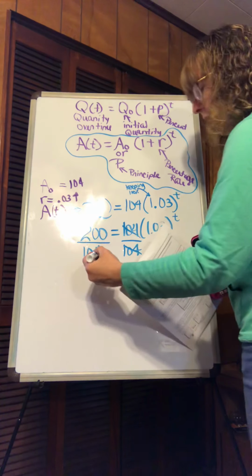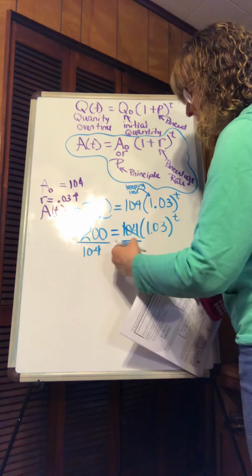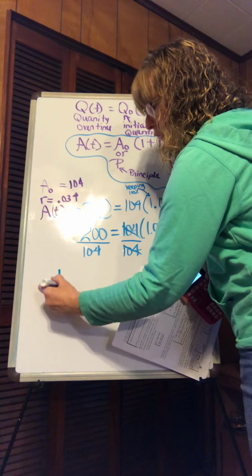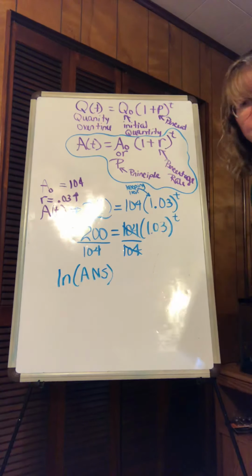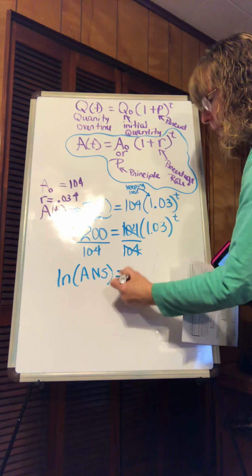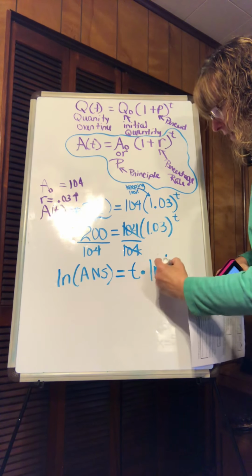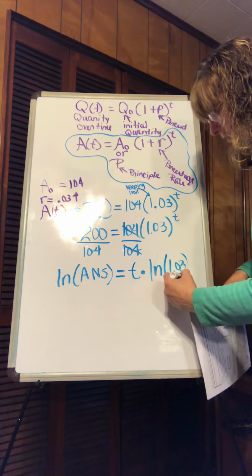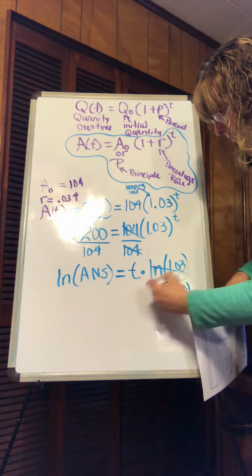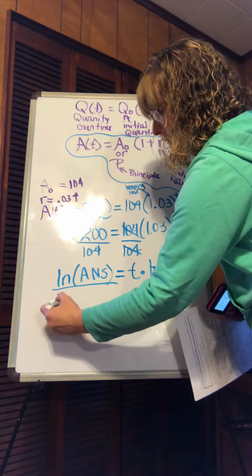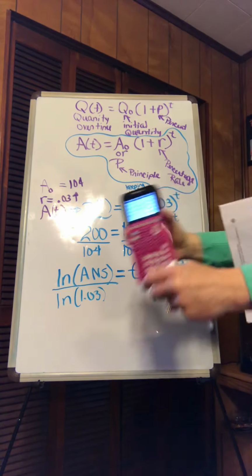Because now I'm going to do what the calculator would show in class. I'm going to put a log on both sides, and I'm going to use a natural log, and I'm just going to use the answer key on the calculator. I'm going to let the calculator hold that big number. And when I put a natural log on this side, power rule brings the t down in front. And so now to solve for t, I'm going to divide by the natural log of 1.03. So on my calculator, again, here we go.